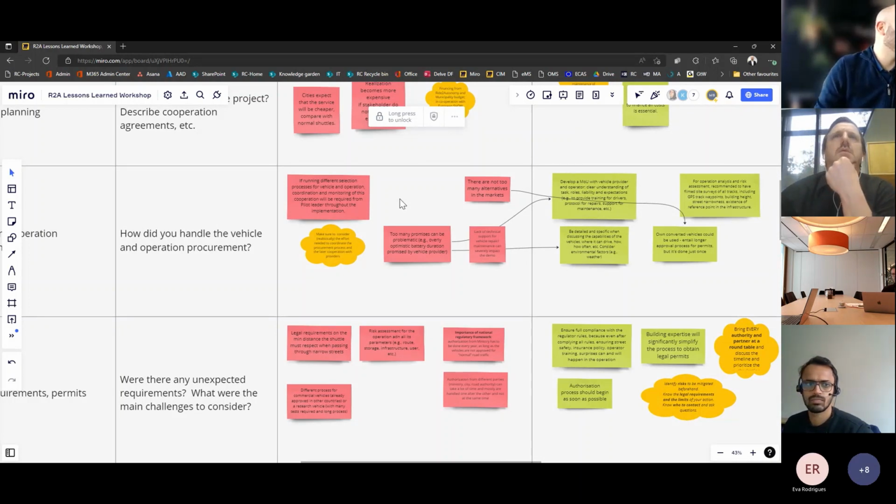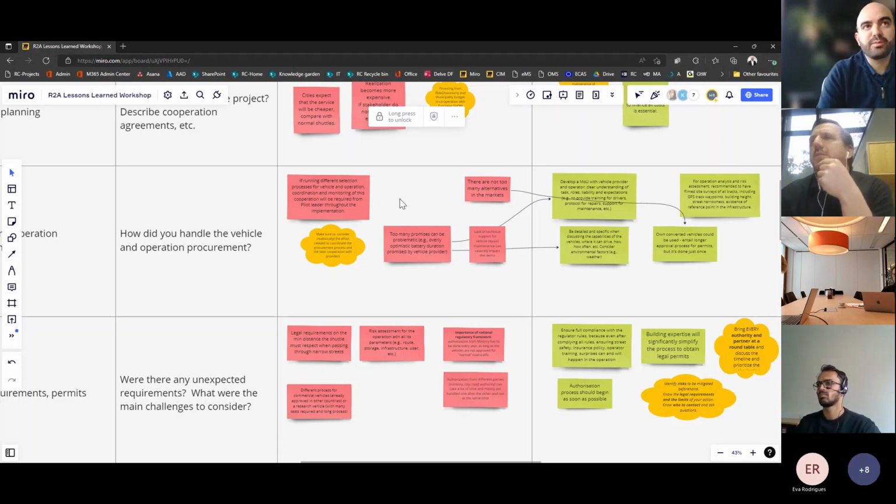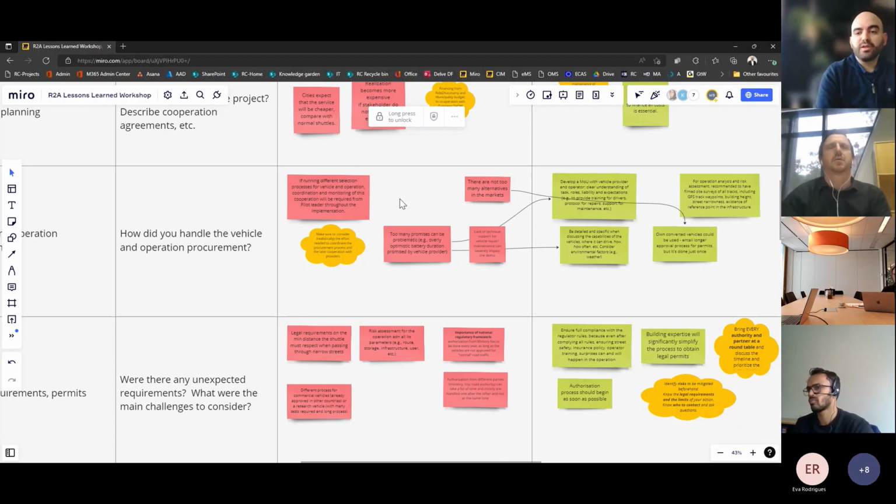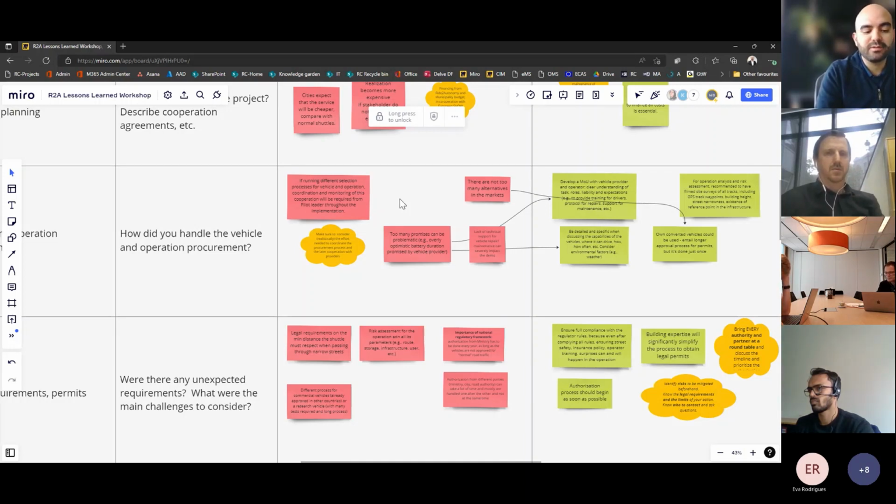was one message on what to consider in terms of effort if you're running a different process for each of these procurements. So if you have a vehicle provider and then another company for vehicle operation, you need to build a channel between those two providers and make sure you're coordinating that cooperation between the two different companies.